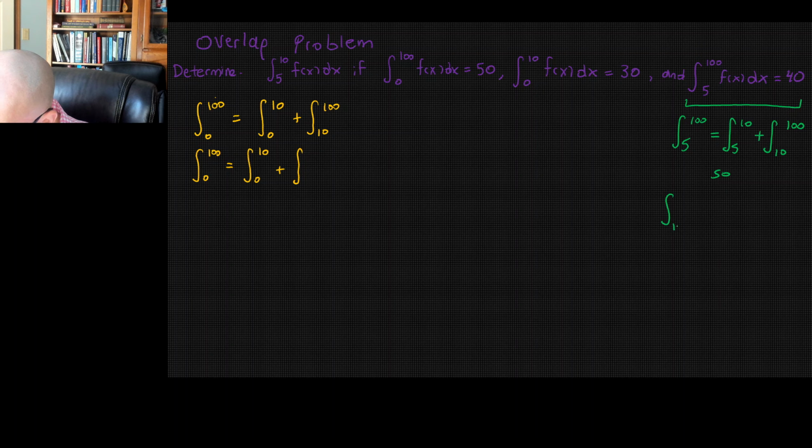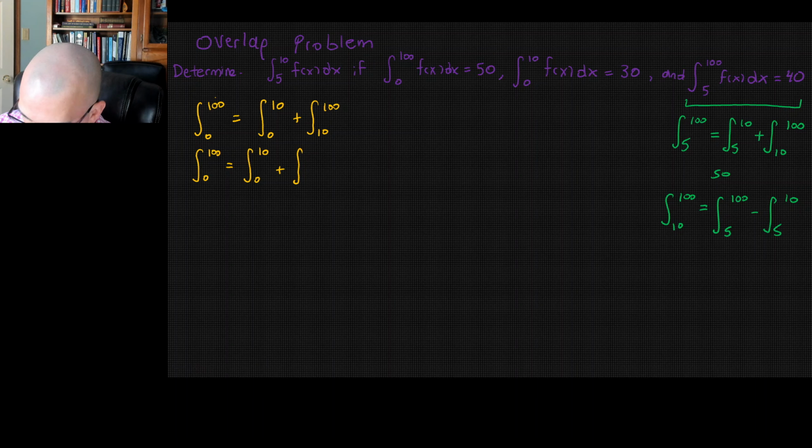So the integral from 10 to 100 is equal to the integral from 5 to 100 minus the integral from 5 to 10. So I'm replacing this with the integral from 5 to 100 minus the integral from 5 to 10.